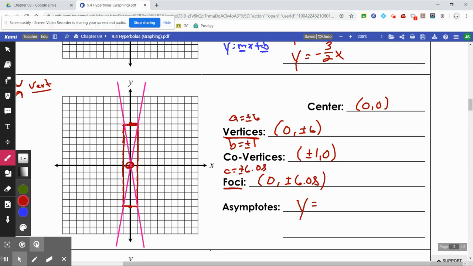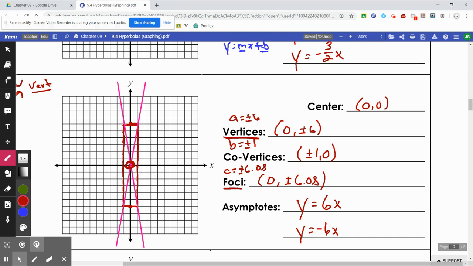And I know the line passes through the corner of this box, so I can rise 6 and run 1, which would be a positive 6 will be the slope of this line. And I can rise 6 and run negative 1, so a negative 6 is going to be my slope here. So y equals 6x and y equals negative 6x. And since both lines have a y-intercept of 0, that's going to be your b value for both.